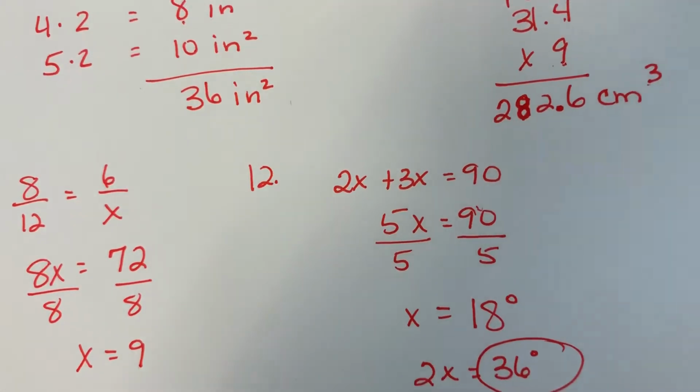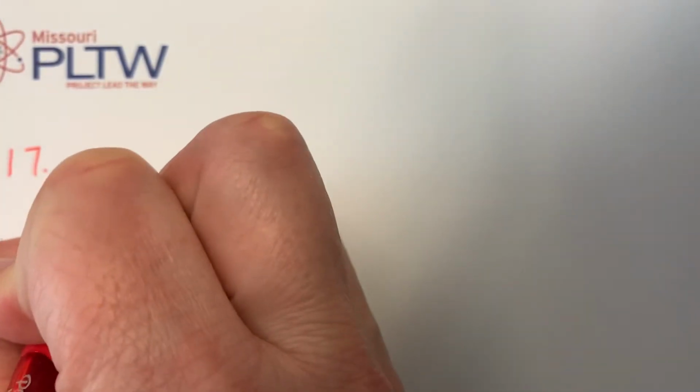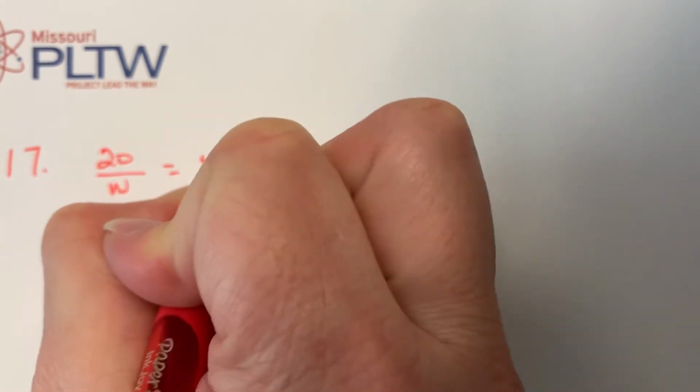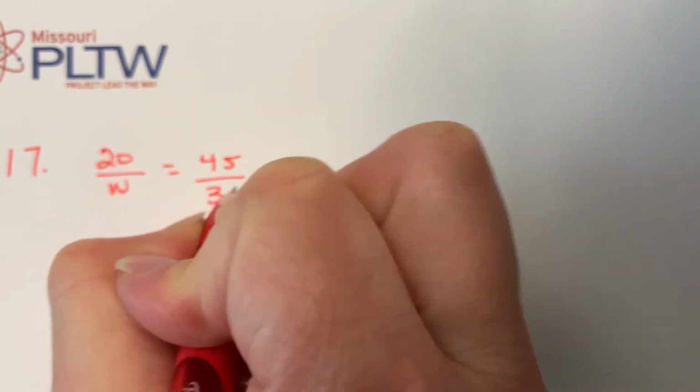All right, let me get a clean sheet of paper here, and we will do number 17. Okay, so number 17 says 20 over W equals 45 over 3.6.